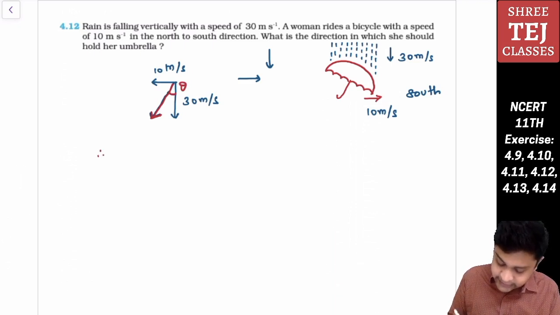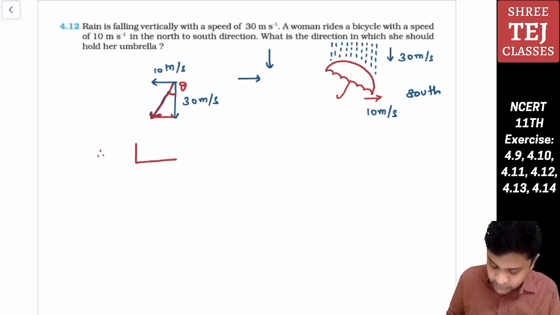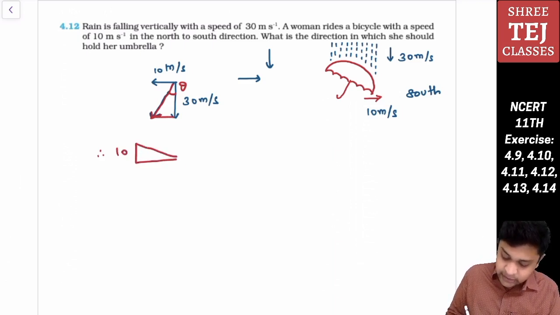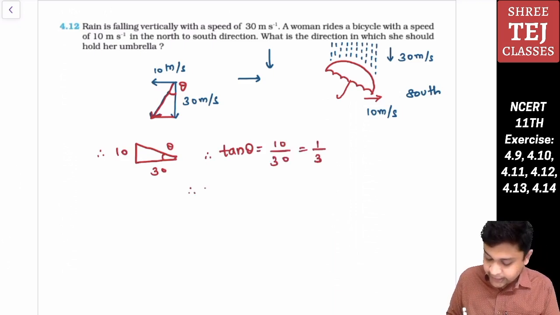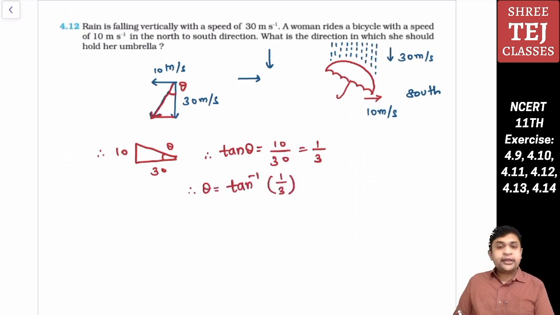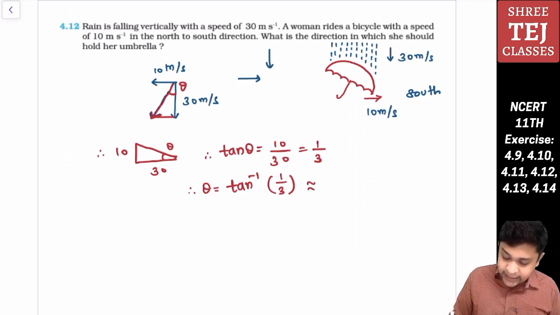So if we consider this triangle, this side is 10, this side is 30, this angle is theta. Therefore, tan of theta is 10 by 30, which is 1 by 3. Therefore, theta is tan inverse of 1 by 3, which is approximately 18 degrees.